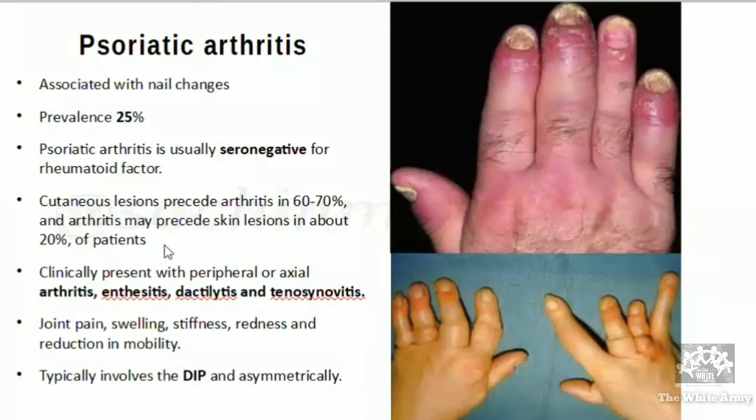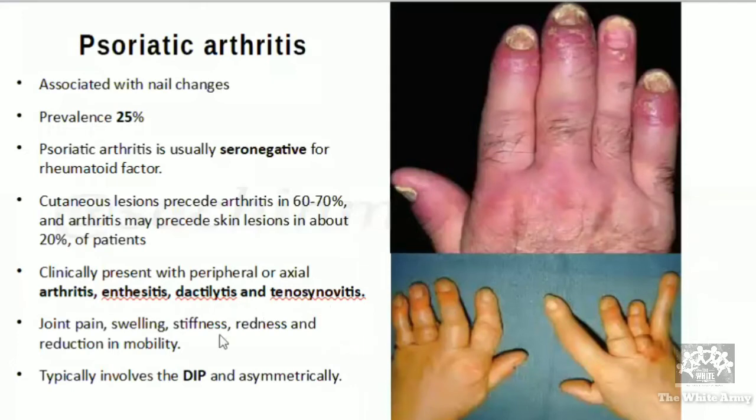Clinically, you see peripheral and axial involvement, that is, the peripheral small joints and axial joints. Axial arthritis involves the vertebral column. There is arthritis, enthesitis, that is involvement of the attachment of muscle or tendon to the bone, dactylitis, the inflammation of the whole digit, and tenosynovitis, that is tendon and tendon sheath involvement.